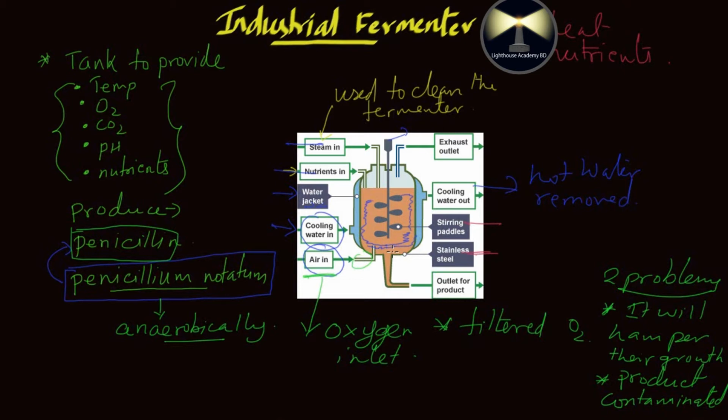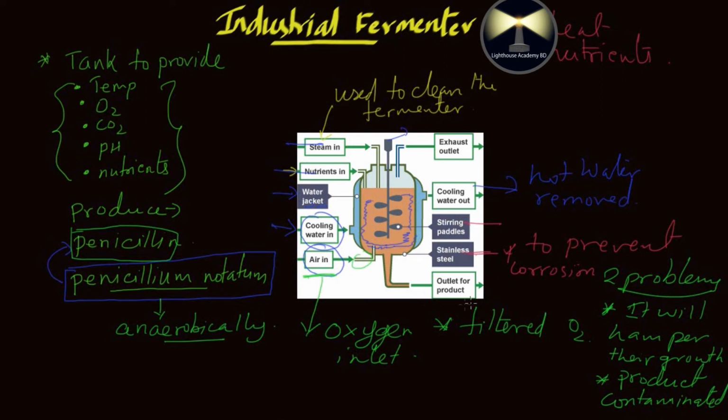So these wastes are acidic. The waste from the microorganisms is acidic. So in order for the fermenter not to corrode, stainless steel is used so that the steel of the fermenter doesn't corrode.